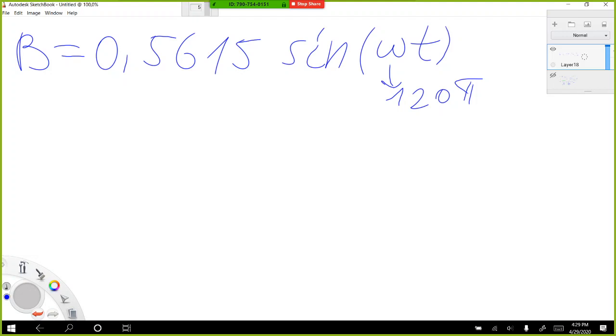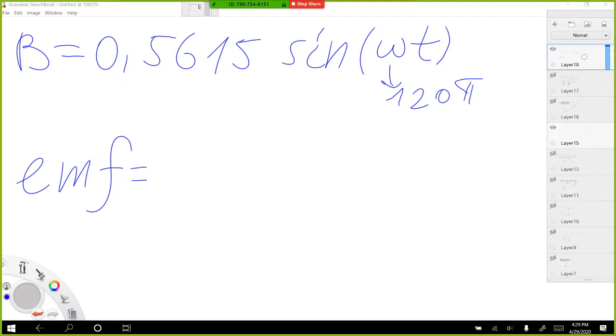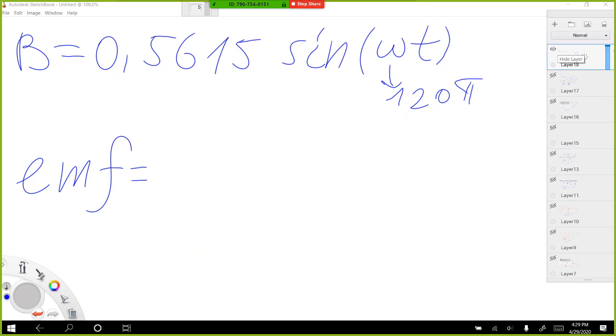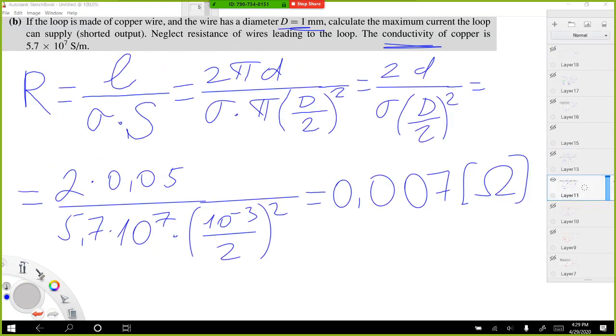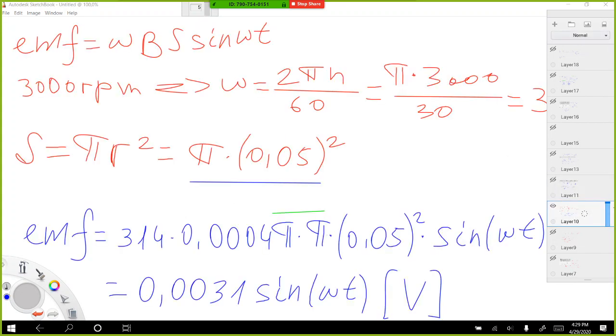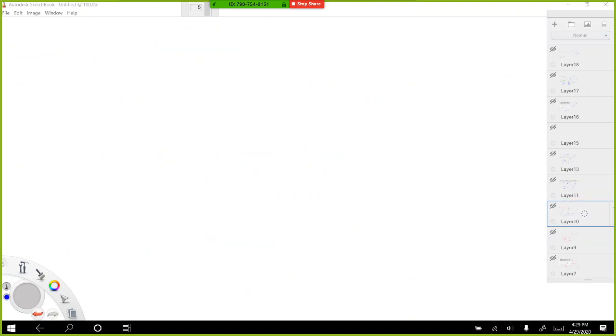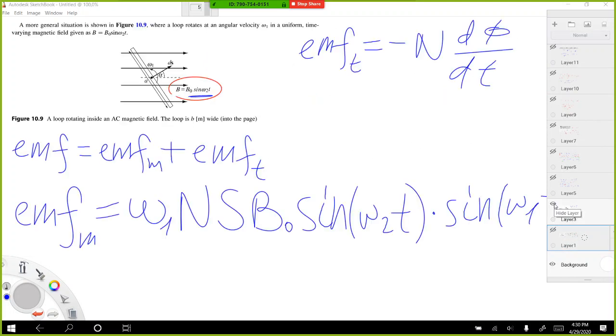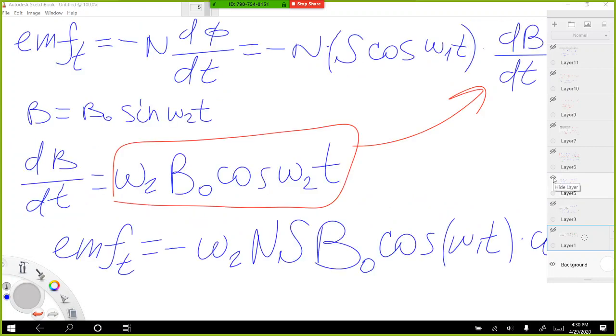So now the electromotive force is calculated from the motional, not flux, here.